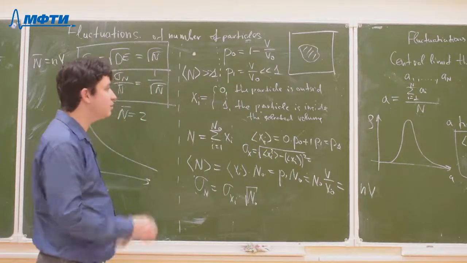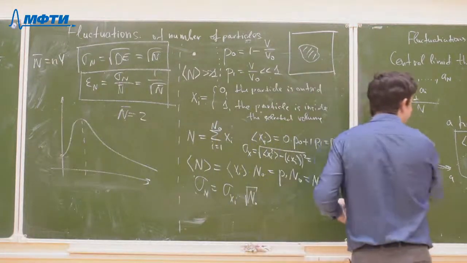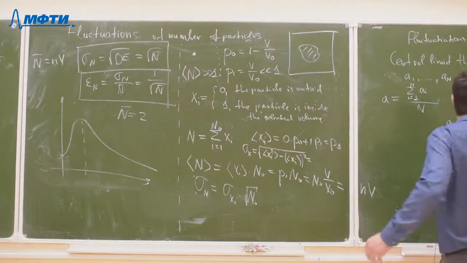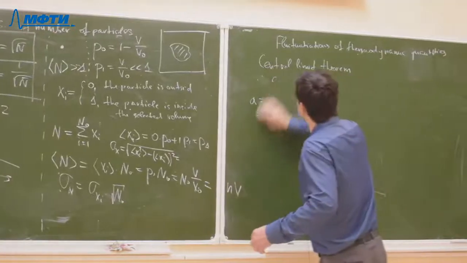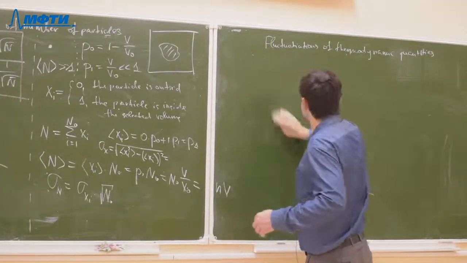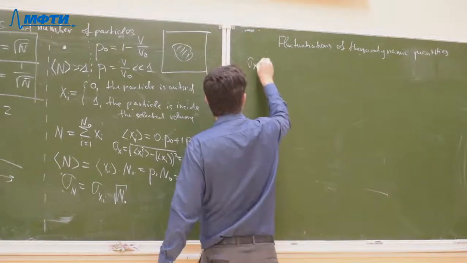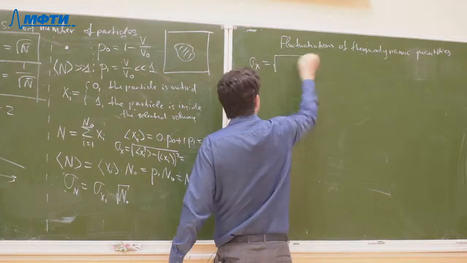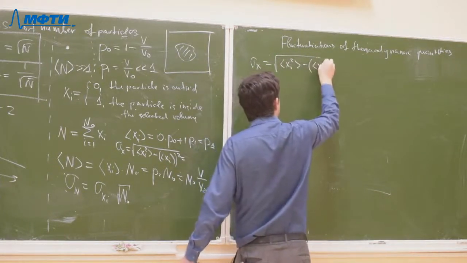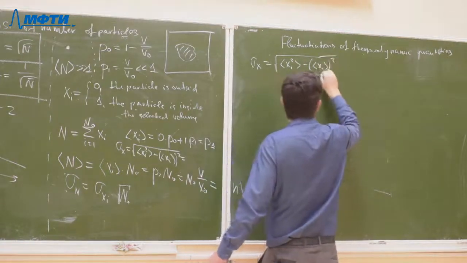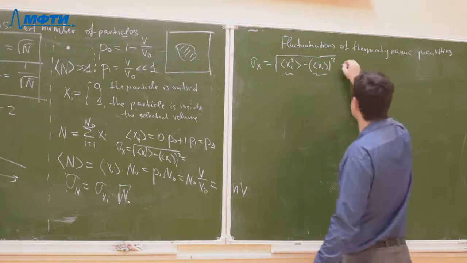Okay, for the standard deviation, sigma x, we have the square root of average xi squared minus xi average squared. Let me get to the other blackboard for the calculation of this quantity. Okay, we already know this one. What remains is to calculate this one.